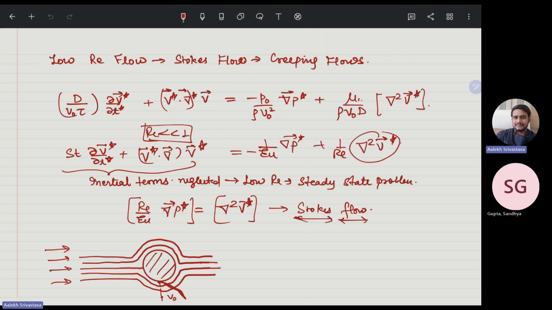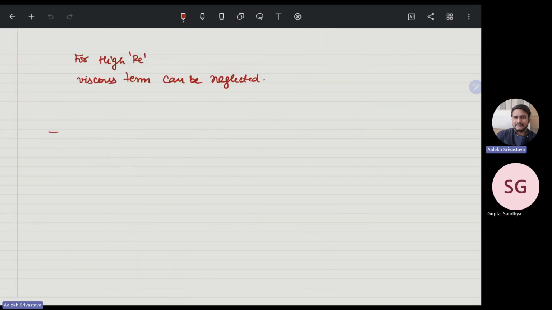Suppose you have a plate and a very high Reynolds number flow is happening. If you drop the viscous term, you cannot apply, in the space direction, the no slip boundary condition and the condition that the normal velocity is equal to zero.